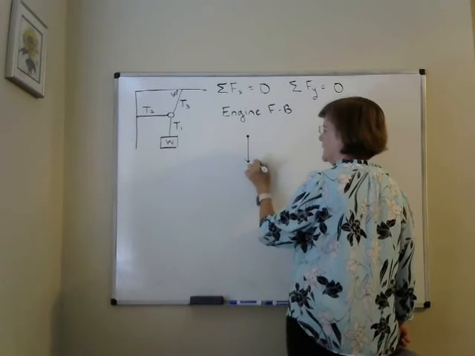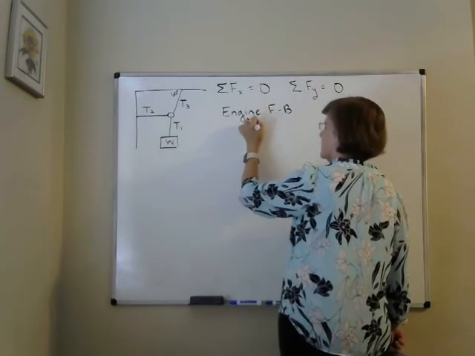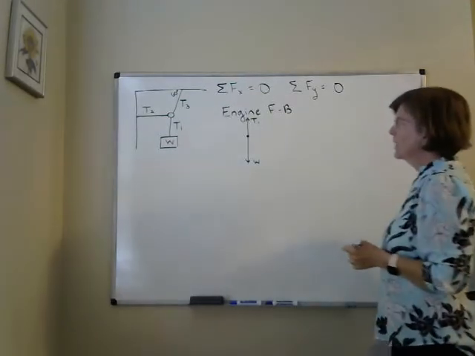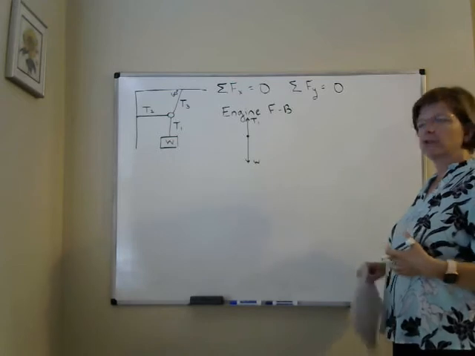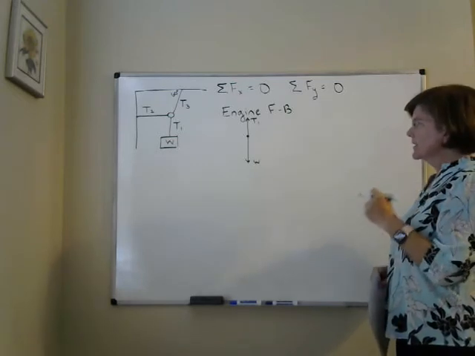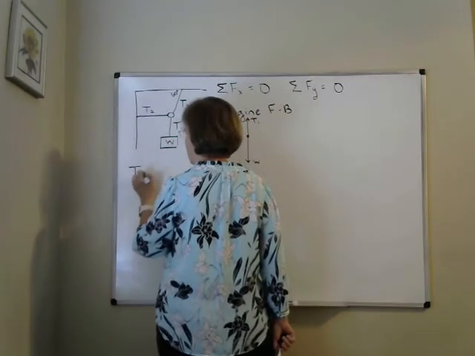The weight is pulling down, and the tension in the first chain is pulling up. Since this is a static situation, this is that simple one-dimensional problem, so the first thing I know is that T1 has to equal W.